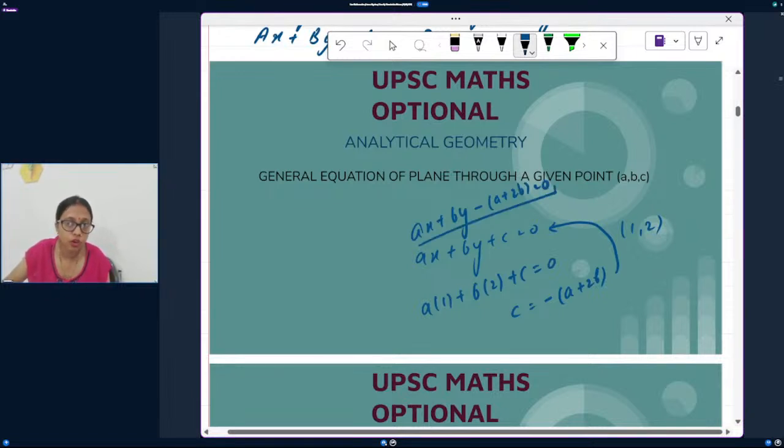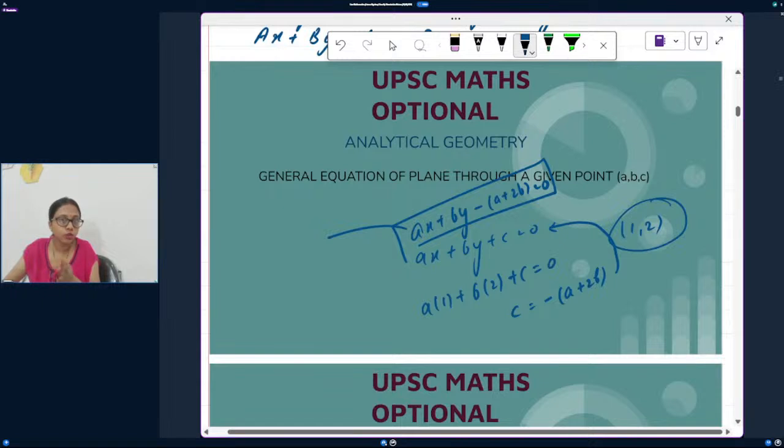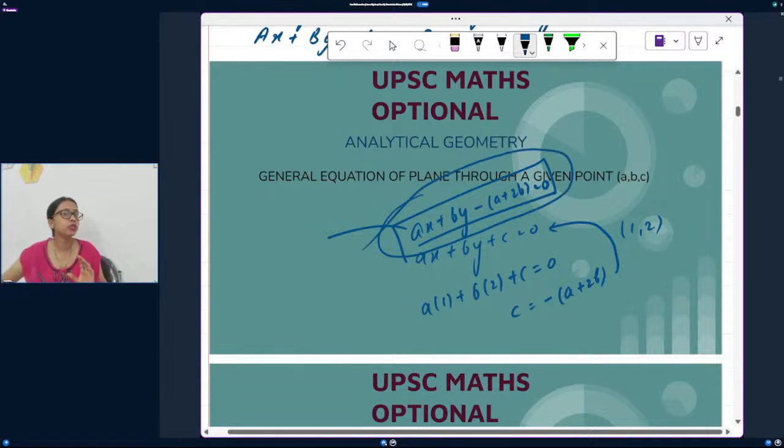This is now representing a line passing through (1, 2). Before, this was a random line, any line, and the information that it passes through (1, 2) you had to tell separately. But when I say ax + by - (a + 2b) = 0 is a line, I don't need to mention that (1, 2) passes through it. We'll figure it out from here.